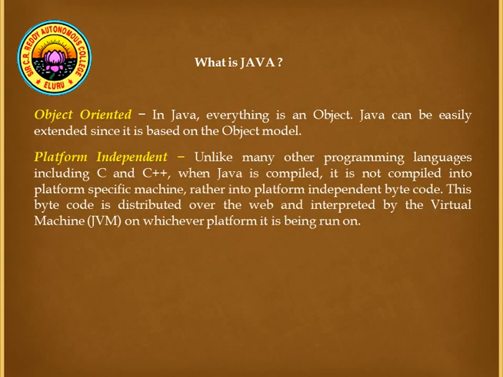Platform independent. Why is it platform independent? What is a platform? Here, platform means the Windows operating system, Linux operating system, Unix operating system, Solaris operating system. These operating systems are named as platforms. As we already know, if we write once, it can run anywhere. Anywhere means on any platform.